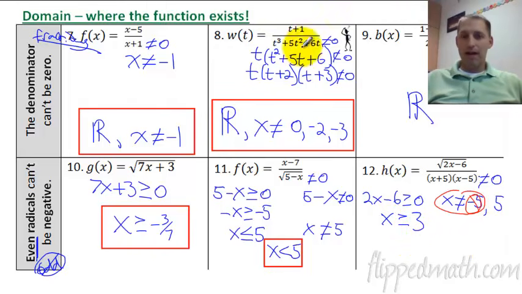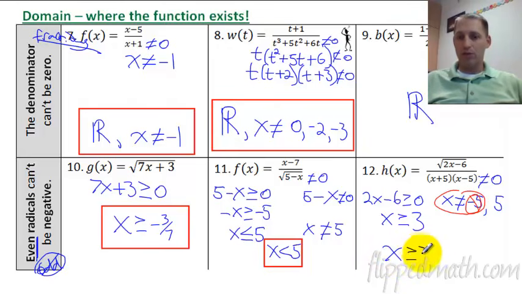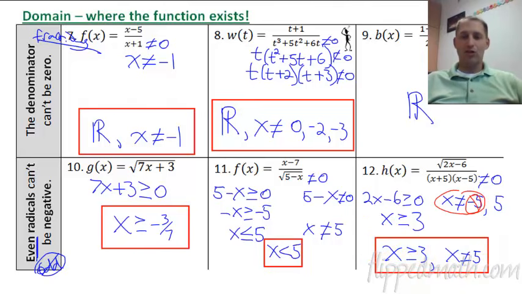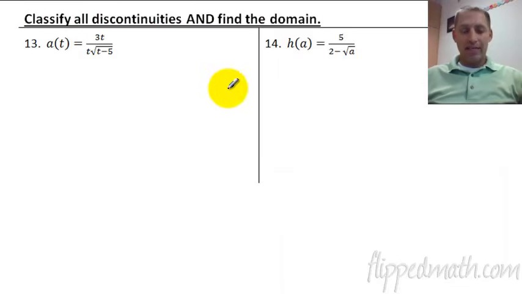So our answer is all of the x values greater than or equal to 3, but x cannot equal 5, so we put this little thing in there. It's all the numbers greater than or equal to 3 except for 5. And there it is. Okay, almost done. Just 2 more problems. If you need to rewind those, I know that's pretty confusing, then go back and look at it. Now we're going to put them all together.